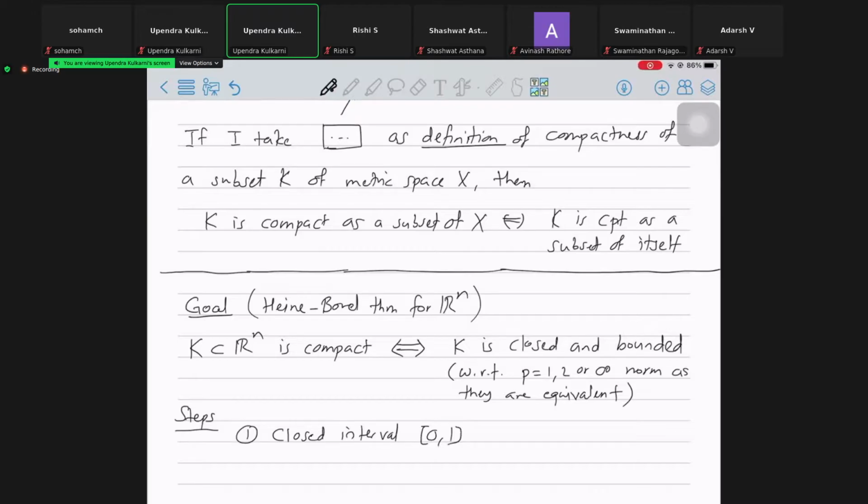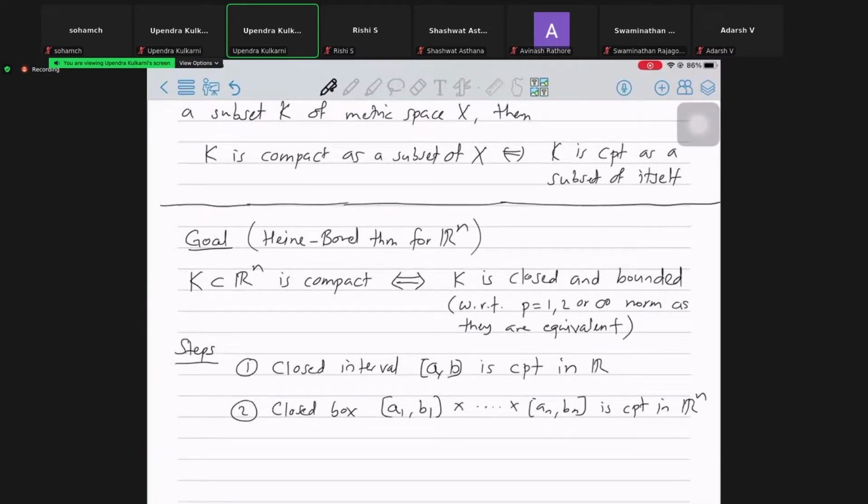Or okay, why not, [a, b] is compact in R. Step 2: then a closed box, which is the product [a1, b1] × ... × [an, bn], is compact in Rn. Of course, we will use number 1 in order to go to number 2.